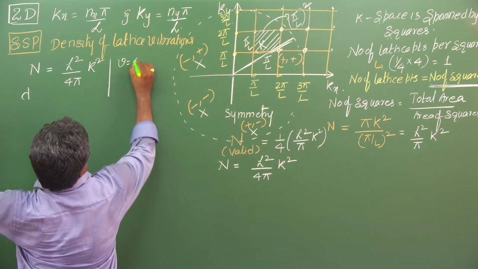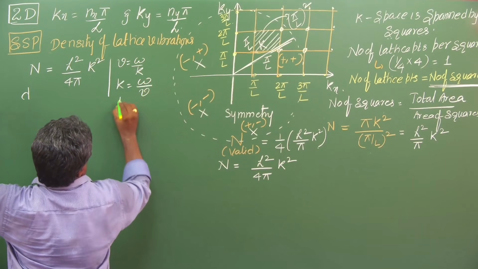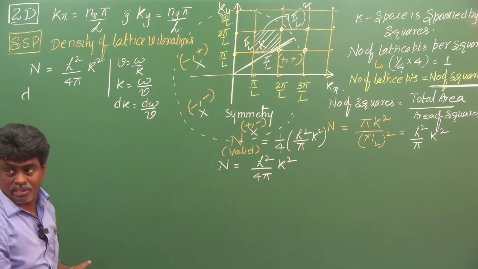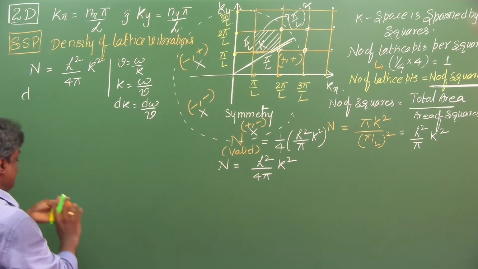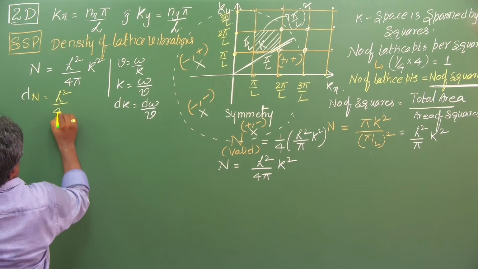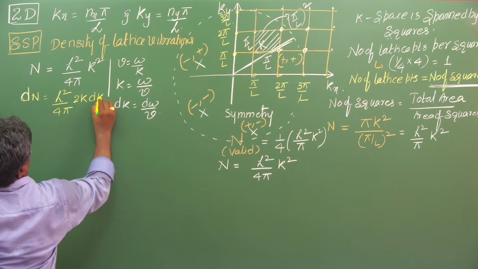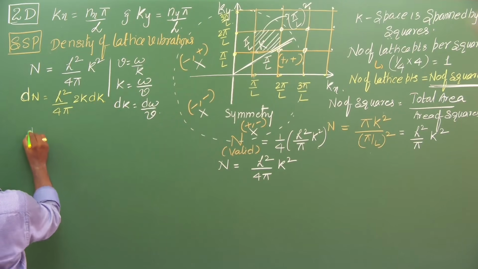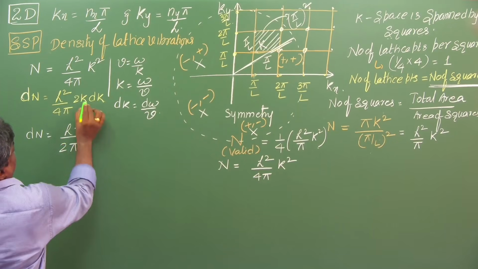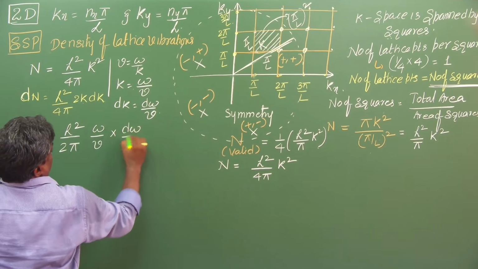V equal to how much? K equal to? dk equal to? d omega by dv. Now dn equal to L square by 4 pi into, I hope you are observing, dn equal to L square by 2 pi k dk.